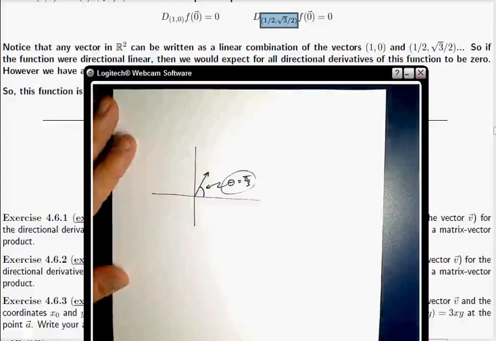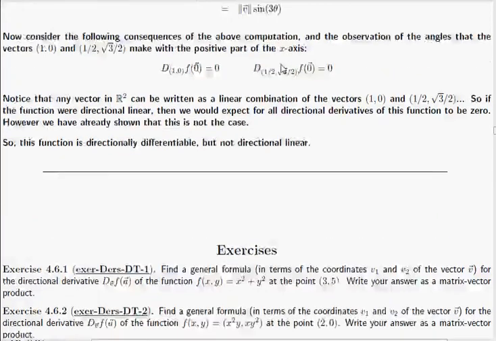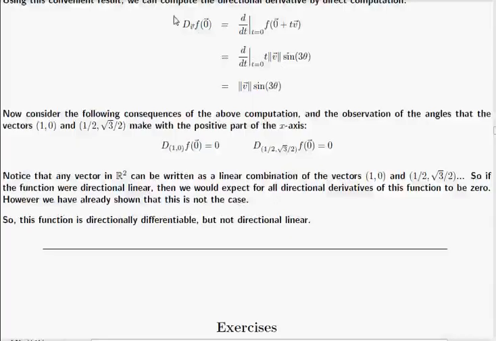And we have a formula up here if you want to take the directional derivative, all at the origin, of course, going in the direction of some vector. Well, here's a formula for it: take the length of your vector and multiply by sine of 3 theta. If theta is pi over 3, then we're looking at sine of pi, which is 0. And that's why we get a 0 here.